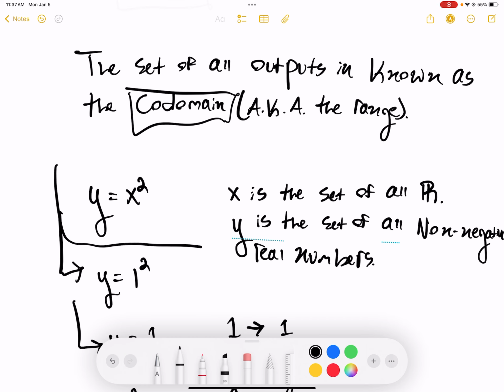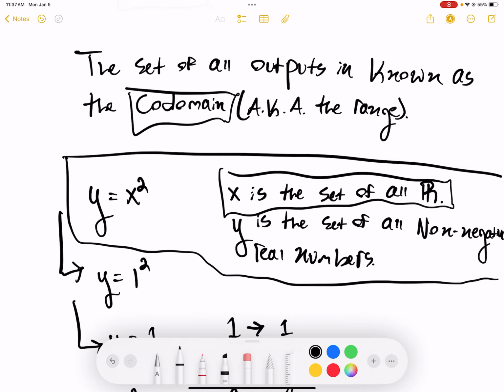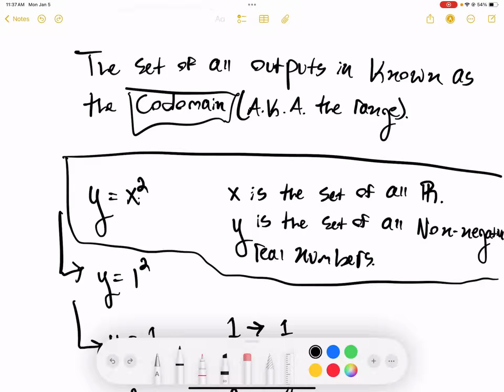So for this particular example here, X is our domain. Our domain is the set of all real numbers. Our range is the set of all non-negative real numbers, which makes sense. Our input can be any real number from -infinity to +infinity.